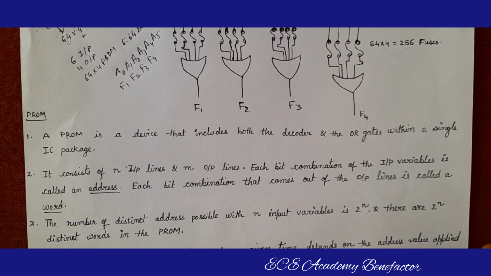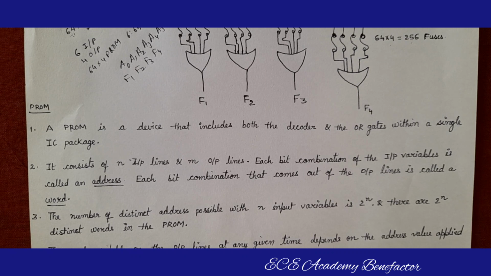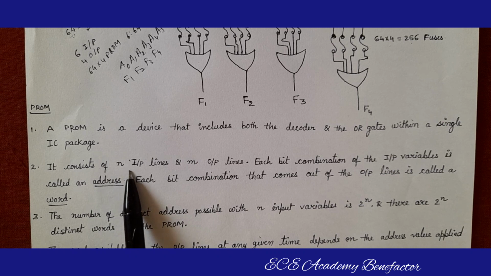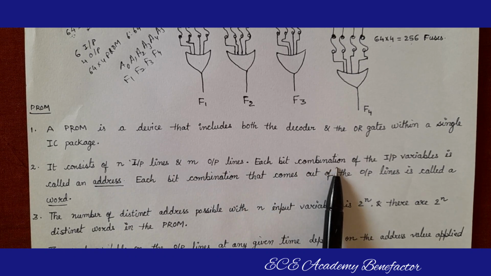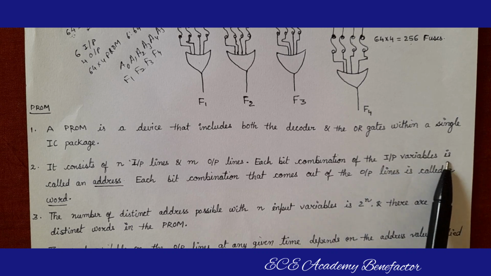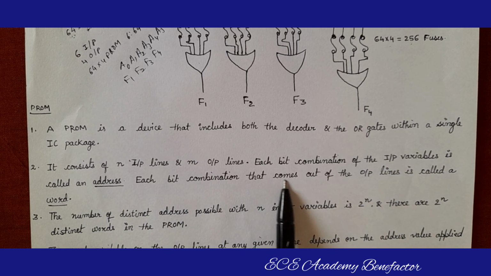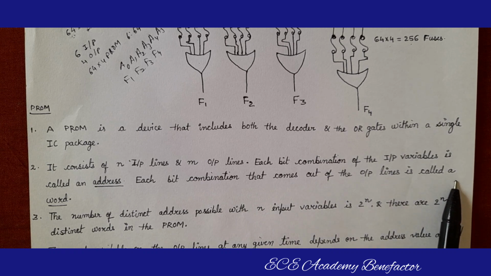Okay. So, this is a quick review of this PROM. A PROM is a device that includes both the decoder and the OR gates within a single IC package. Second point, it consists of n input lines and m output lines. Each bit combination of the input variables is called an address. Each bit combination that comes out of the output lines is called a word.